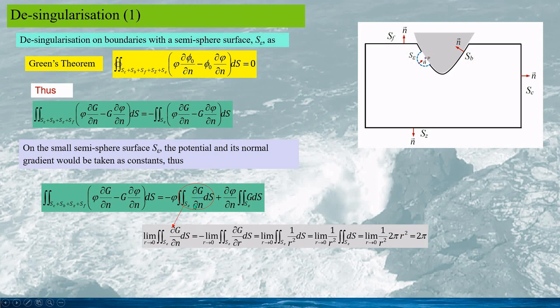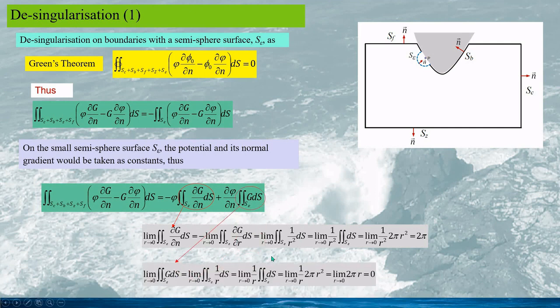So we calculate this integration, and we can see here the normal gradient of the Green function is in opposite of the differentiation with R. So we can have this, and on the semisphere R is a constant. So we have this, and finally we can get the integration as 2 pi.